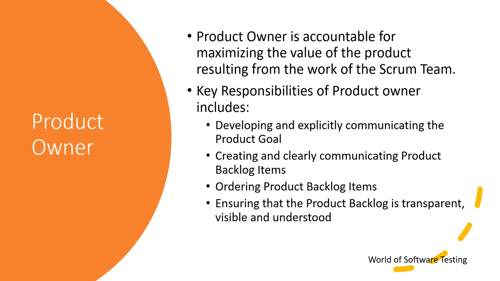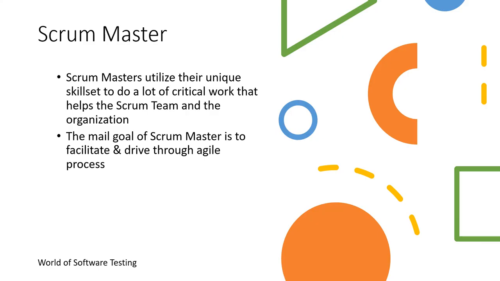So he can prioritize basically. Based upon the client expectation or client urgency, he can prioritize the requirements in the product backlog document. And those highly prioritized items will be taken for development in the early phase. So these are the product owner's responsibilities.